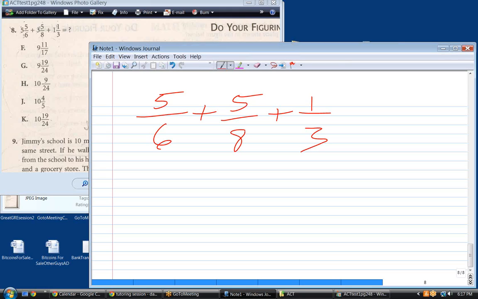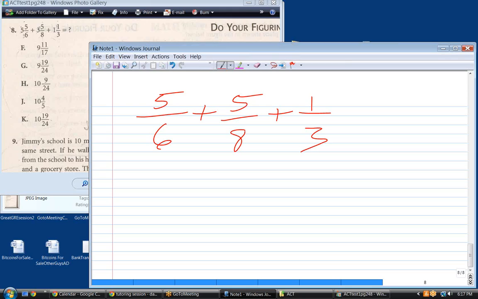Actually, my graphing calculator is out of battery, so I've been doing this part from my iPhone. What it's going to give you is a decimal answer. Notice that we don't have any decimal answers.